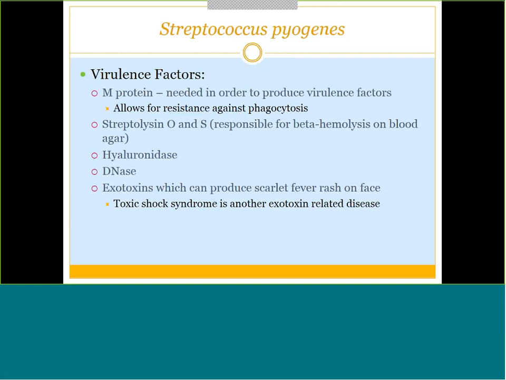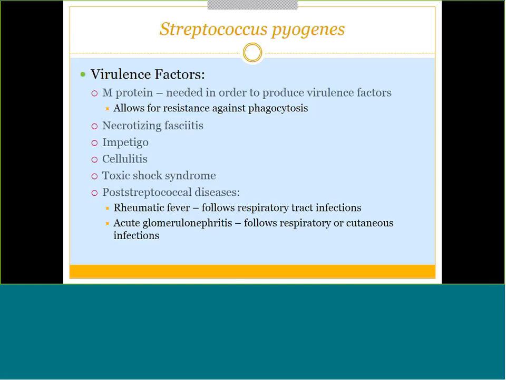Another exotoxin that Strep pyogenes produces can also cause toxic shock syndrome. We heard about toxic shock syndrome last week with Staph aureus. So both Staph aureus and Strep pyogenes can produce toxic shock syndrome due to the toxins that they release.